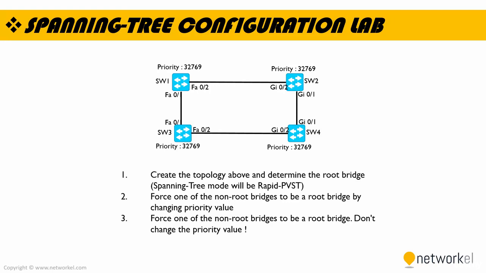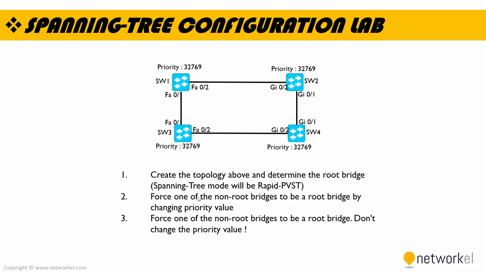We have a topology. We have 4 switches connected to each other. In the first step, we need to create the topology above and determine the root bridge. The question says that spanning tree mode will be rapid PVST.